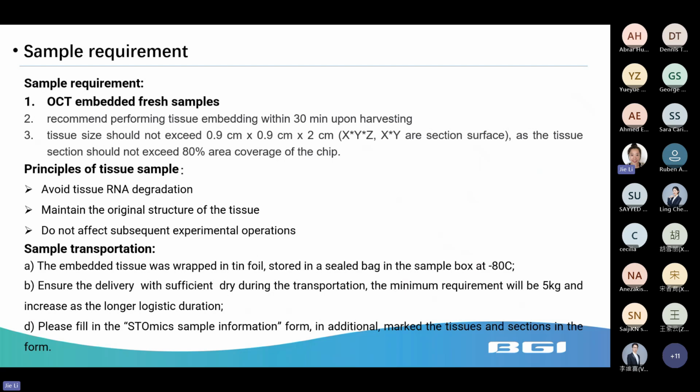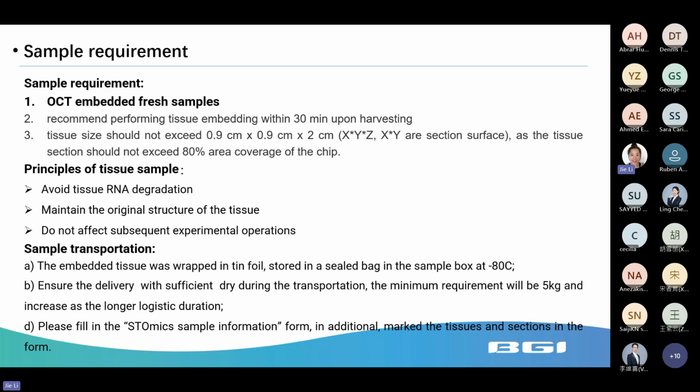And then for the sample requirements, we recommend performing the tissue embedding within 30 minutes of harvesting the samples, and the sample size should not exceed 80% of the coverage of the chips. For example, if you pick the 1 centimeter by 1 centimeter chips, we suggest your sample not exceed 0.9 centimeter by 0.9 centimeter.